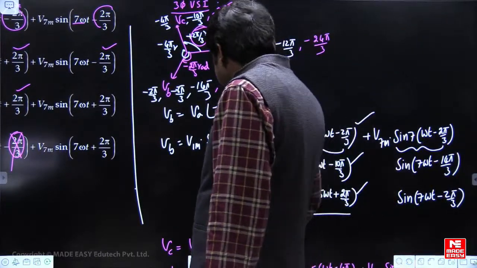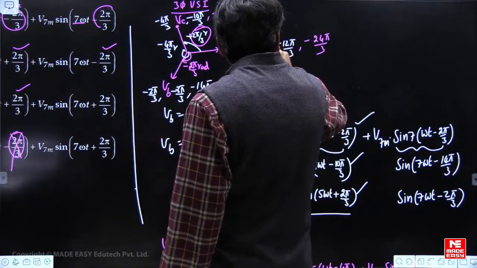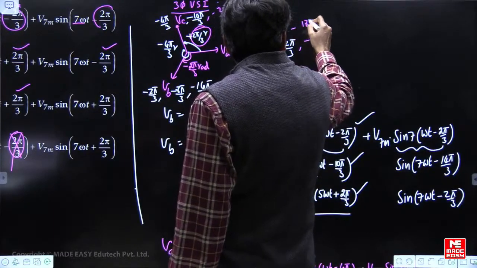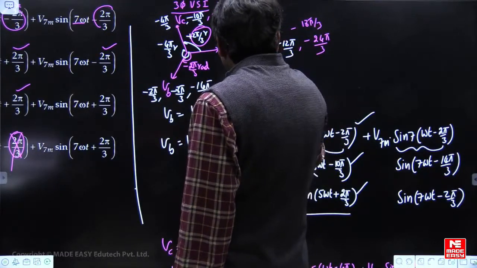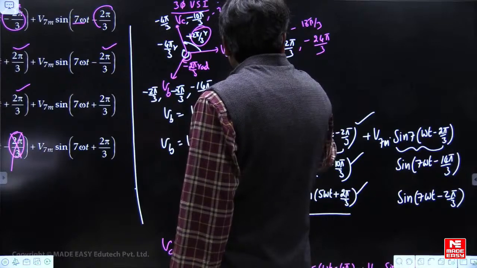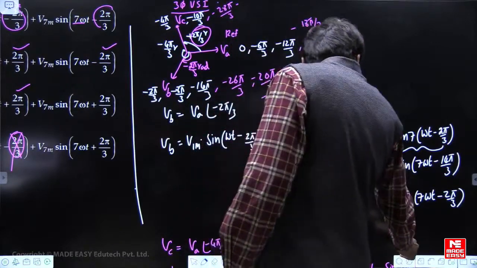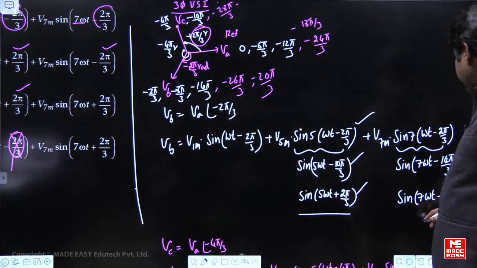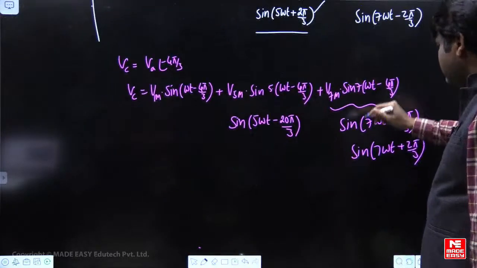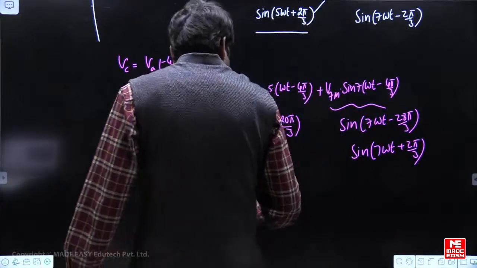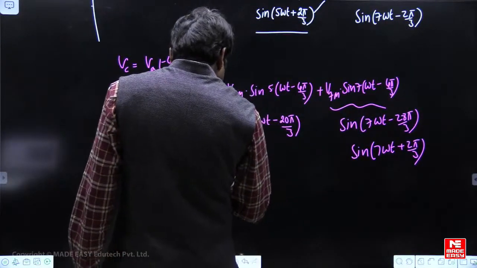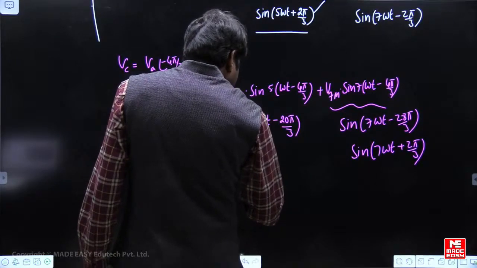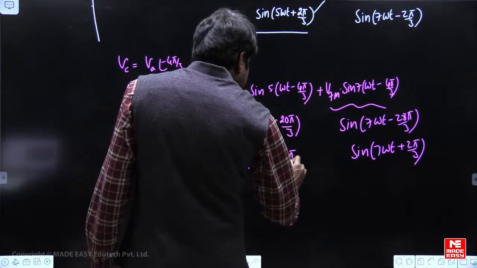See here, 6, 12, 18 pi by 3. So here we get 20 pi by 3. That is lagging by 2 pi by 3. So sine of 5 omega t minus 2 pi by 3.